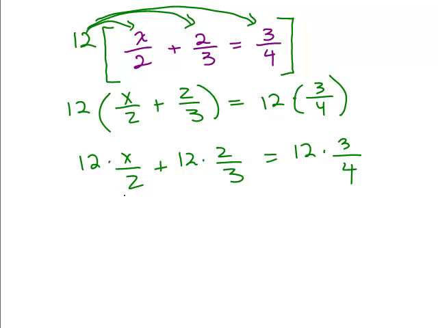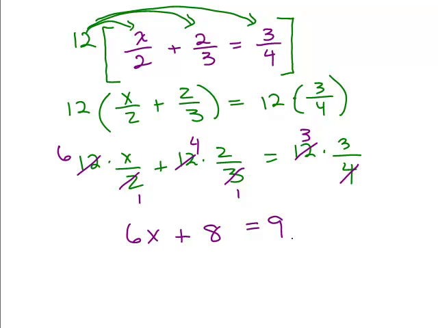Okay, so we've got 2 going into 12 6 times, 3 going into 12 4 times, 4 going into 12 3 times. So when you multiply by the least common denominator, you get an equation that doesn't have any fractions. So I have 6x plus, we got 4 times 2, which is 8, equals 3 times 3 is 9.